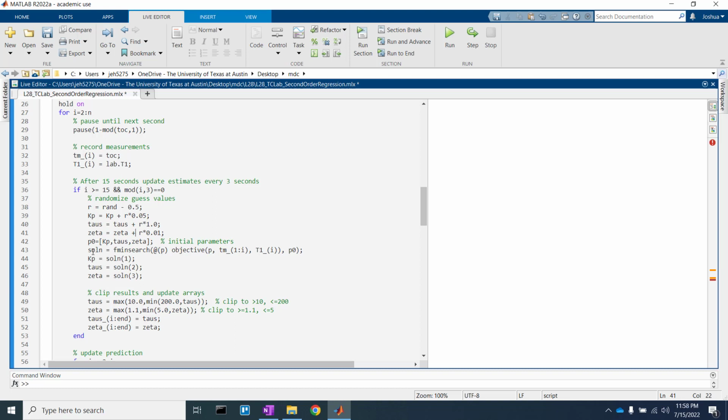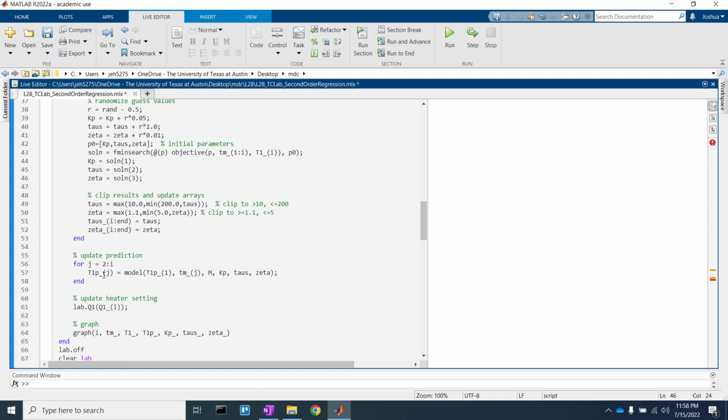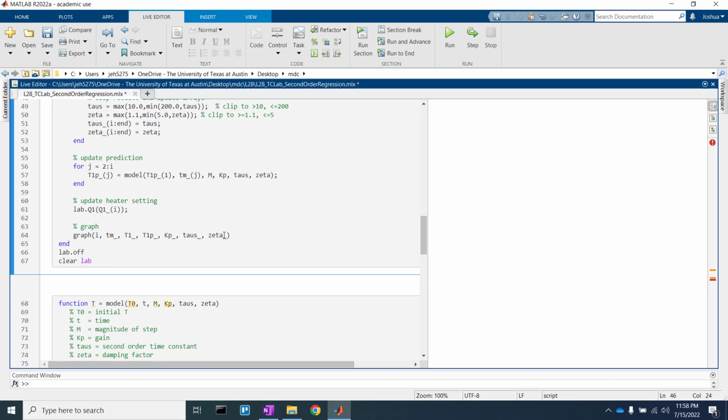We use that as the initial guess, and then we use fmin search to regress what our Kp, tau s, and zeta are every 3 seconds. Then we update our values, and then we continue. So we update the prediction, and we update the heater setting based on that as well.